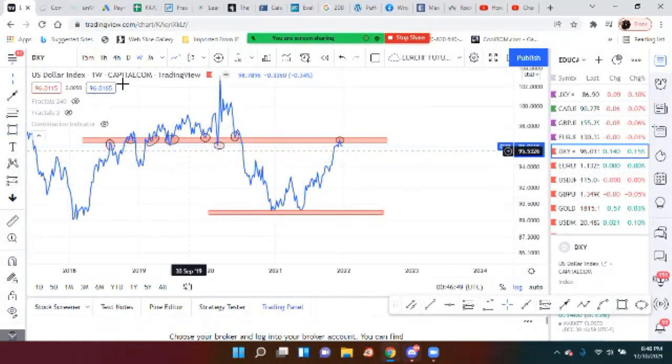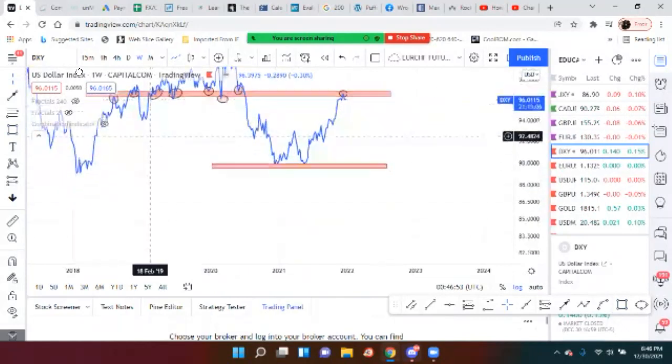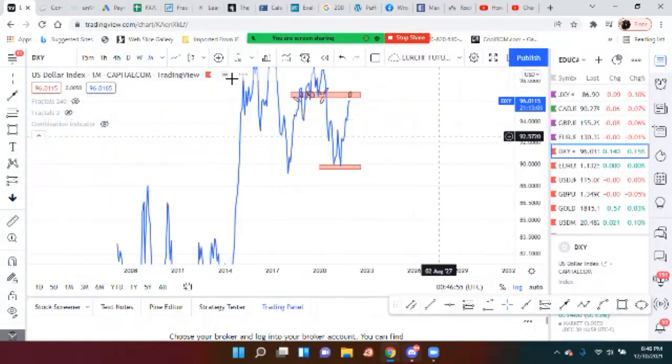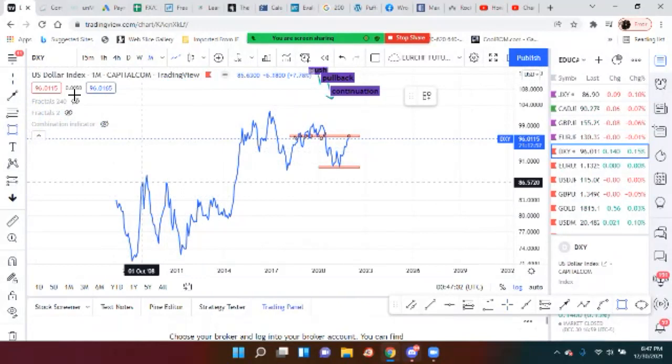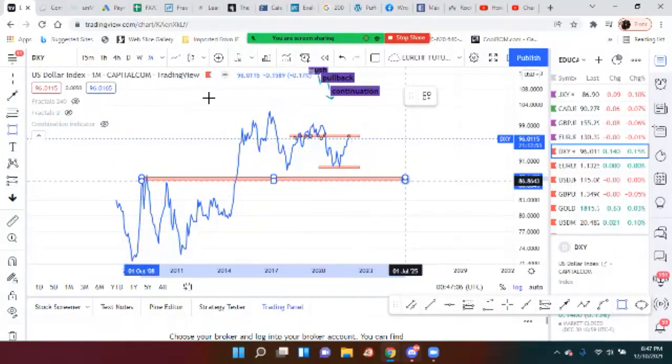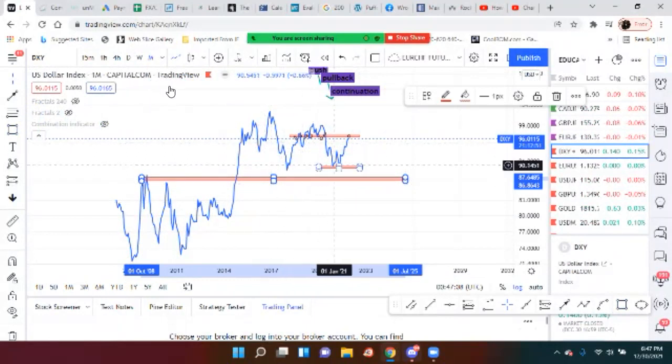Now, push, pullback. Not saying that, possibly. Now, when we come down and start finding other levels, see, now we can find other levels, right? If this pushes and it continues, because it failed, look, price failed to make a higher high after this point.